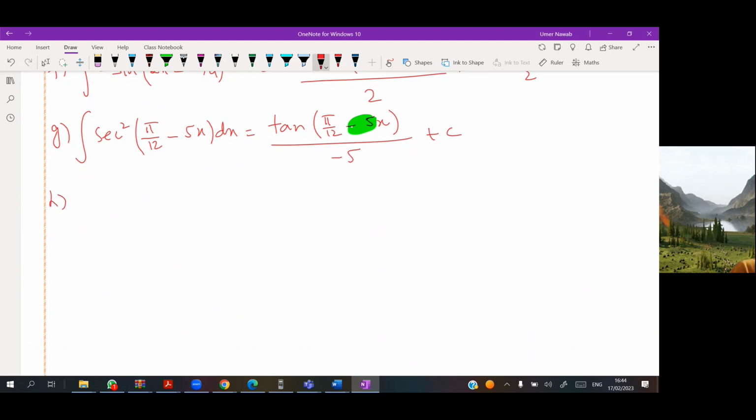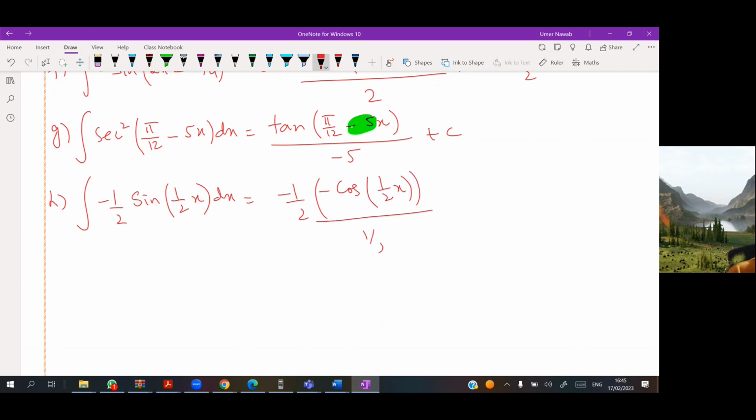Now we go to the H part. Integration of minus half sine of half x. Minus half as it is. Integration of sine is minus cosine of half x divided by half. Can I cancel half with the half? I will be left with cosine of half x plus c.